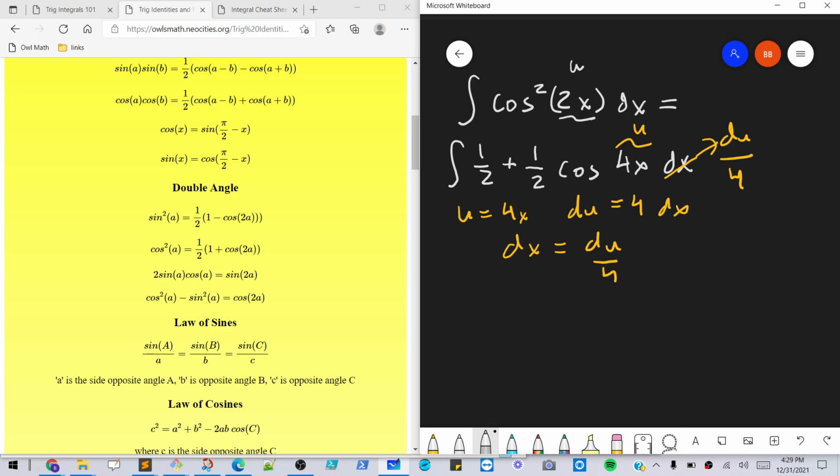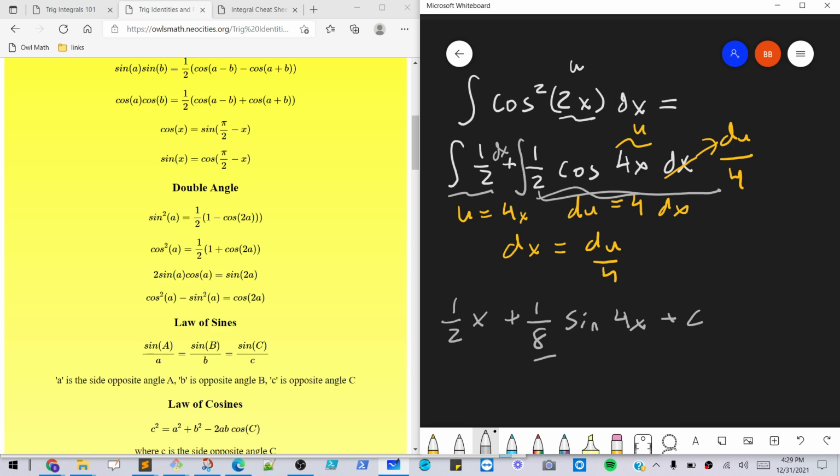Let's just break it like this, so then I don't need to use a u-sub here. So anyway, this is going to be a half x. And then this guy here is going to end up being 1/8 sine 4x plus c. You can see if you multiply this 2 and 4, you get the 1/8.